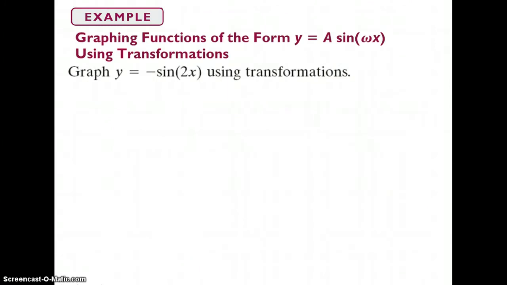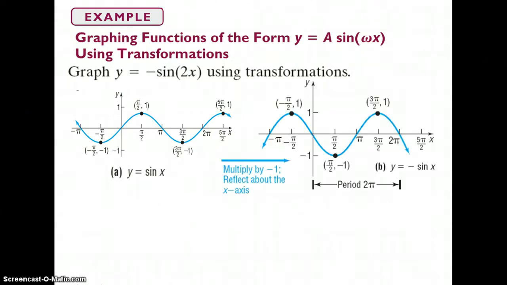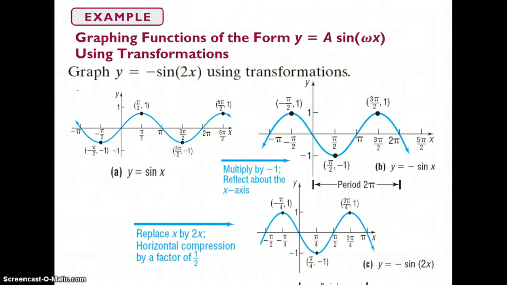Now, this particular function, you've got a negative sign outside the sine. The first thing I would do is take 2 pi and divide it by 2 to get the period. So first we start with sine x. This is not actually the order I would normally do this, and I'm going to show you the end result. Notice down along the x-axis, one period of this sine function goes from 0 to pi.